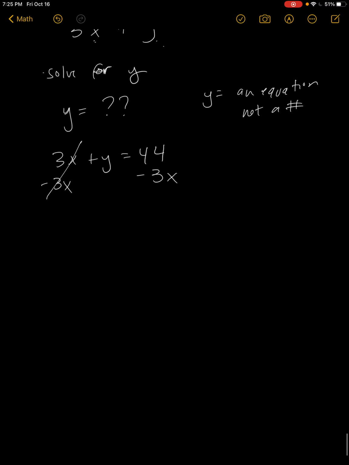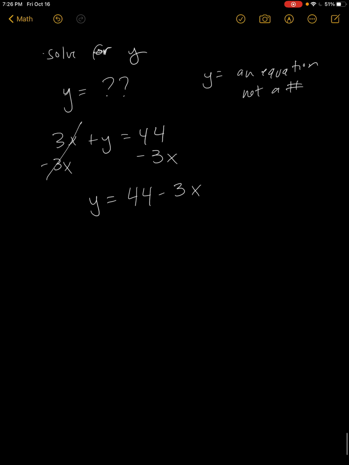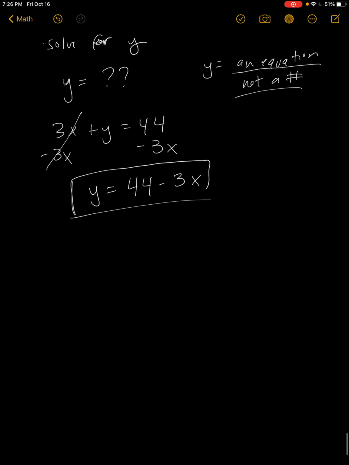I need to get rid of it on this side, which means I have to subtract 3x on the other side. But 44 and 3x are not like terms, so the best I can do is keep it as 44 minus 3x. And that is literally how you do it. I just solved for y, but I'm not getting a number, I'm getting an equation.